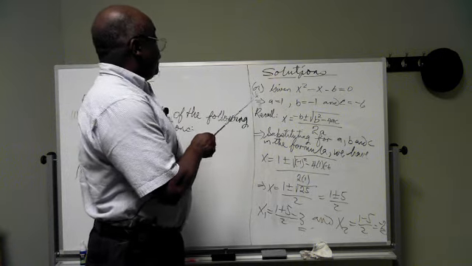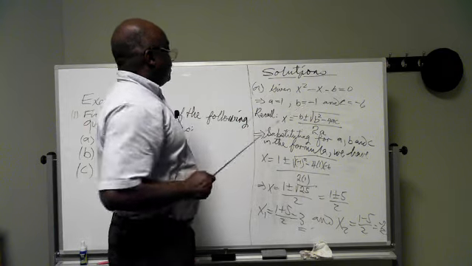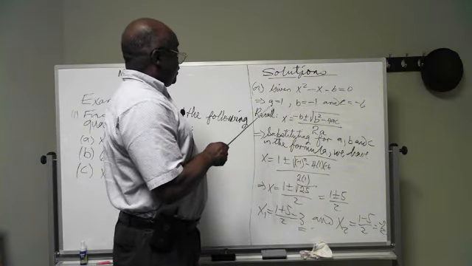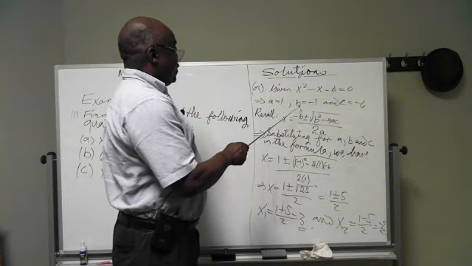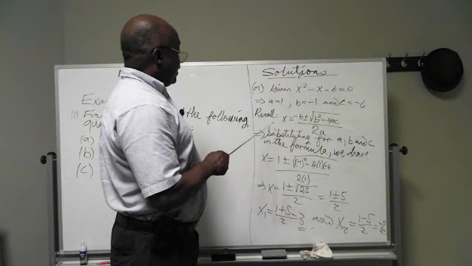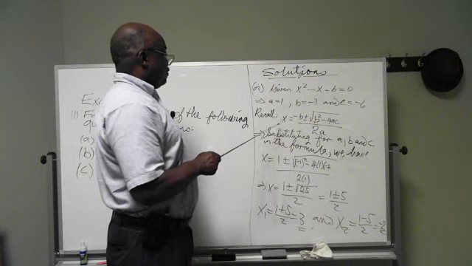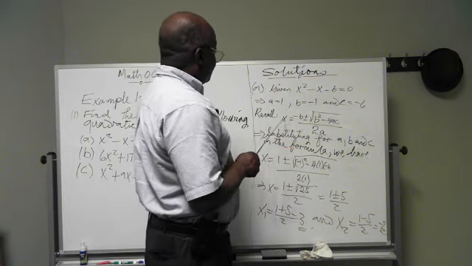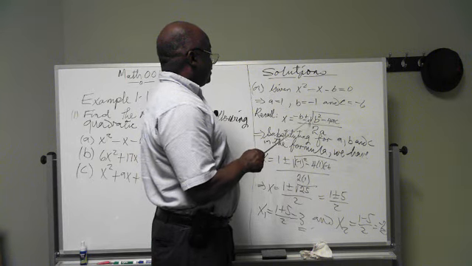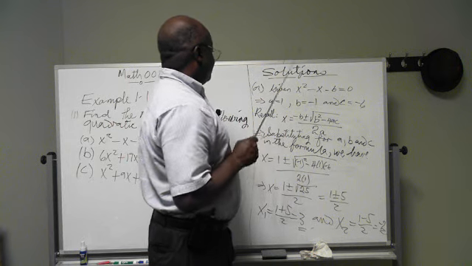That's for equation A. Given x squared minus x minus 6 equals 0, we know from this equation that a equals 1, b equals minus 1, and c equals minus 6. If we recall the quadratic formula, the roots of this equation will be given by x equals minus b plus or minus the square root of b squared minus 4ac all over 2a.